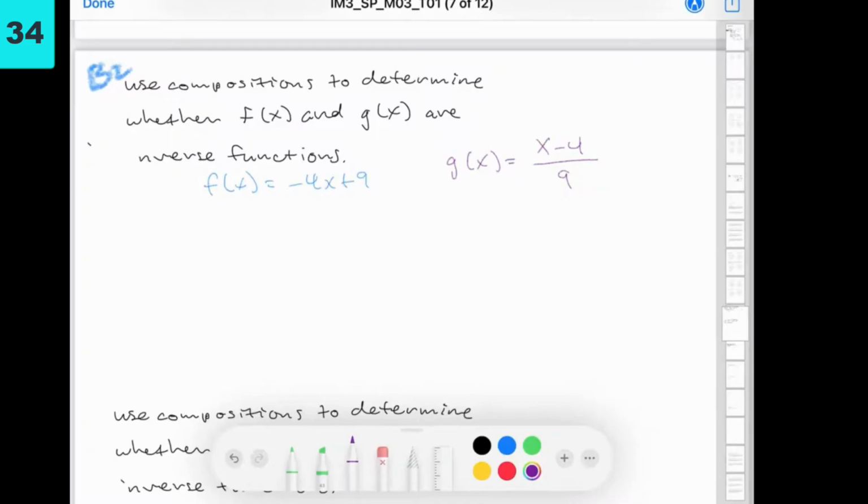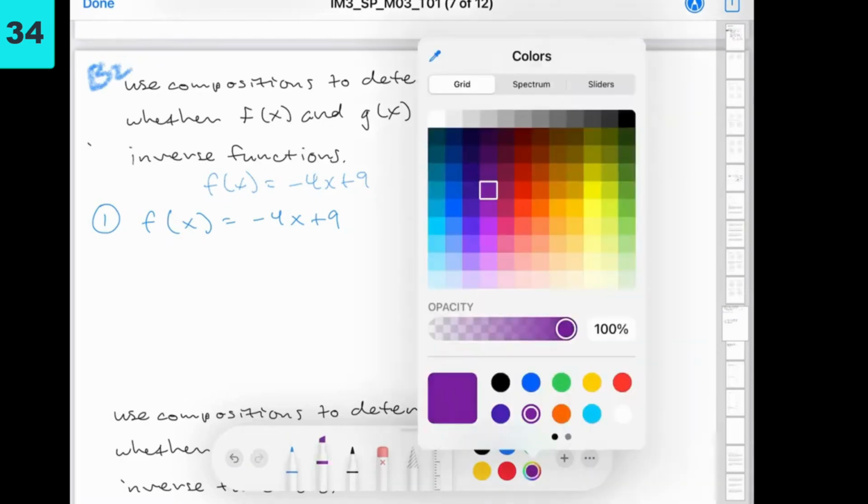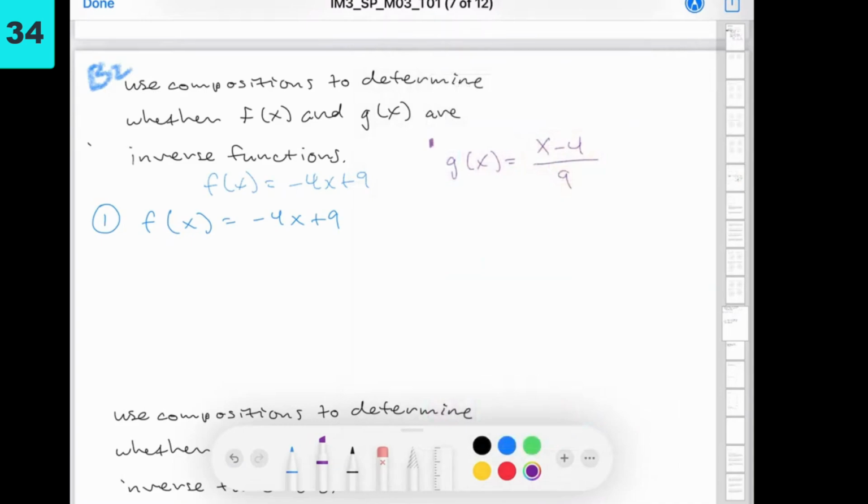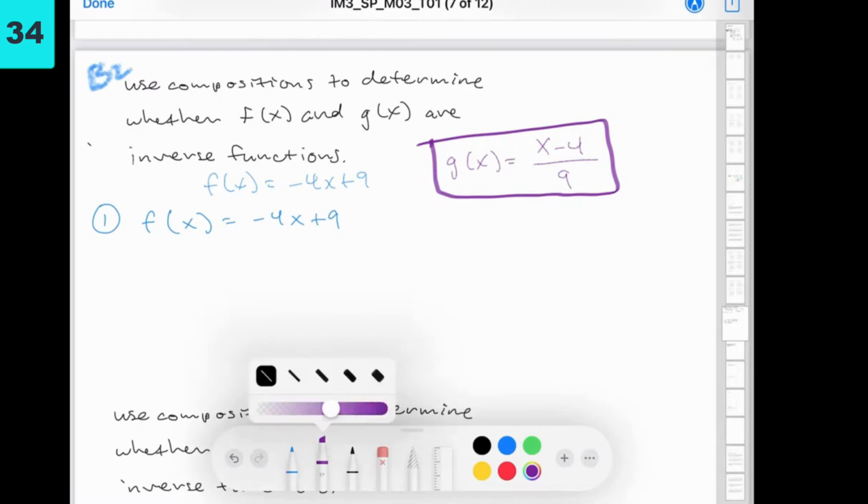B2, use compositions to determine whether f and g of x are inverse functions. To do that, the first problem we need to do is write our f of x, and let's use purple. We're going to be writing a g of x for every x value. Let's go ahead and do that.